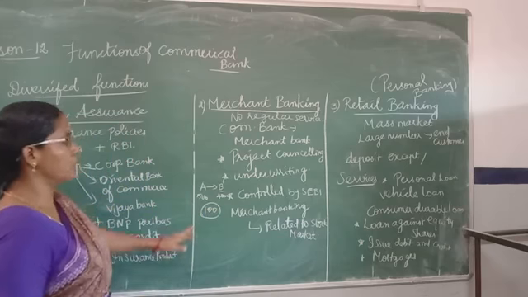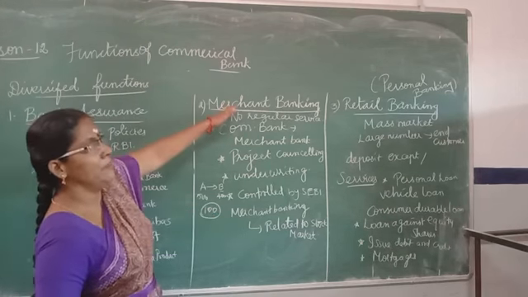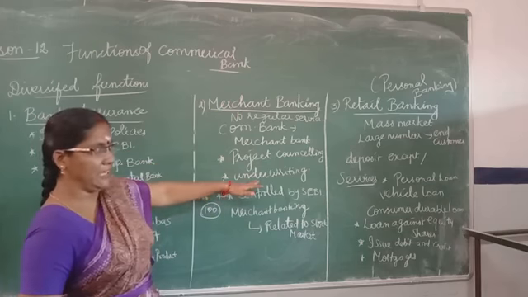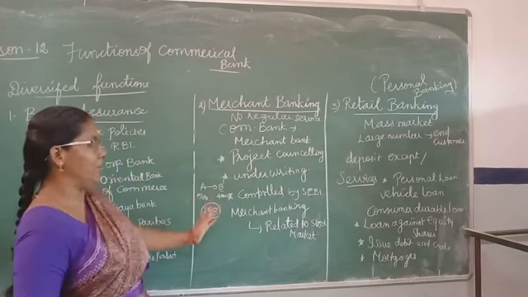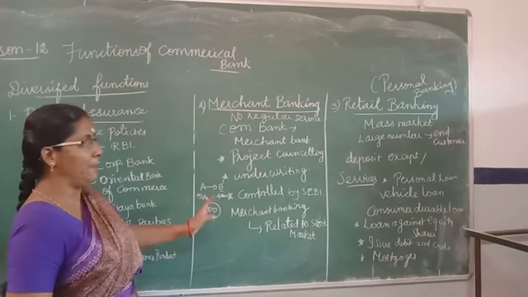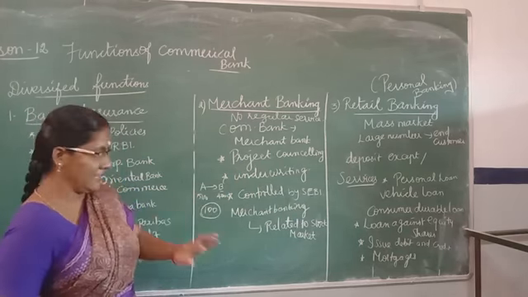So the unsold shares will be taken by the merchant bank. That is called underwriting. Whatever shares are not sold will be purchased by the merchant bank.